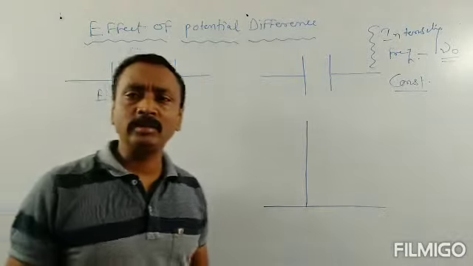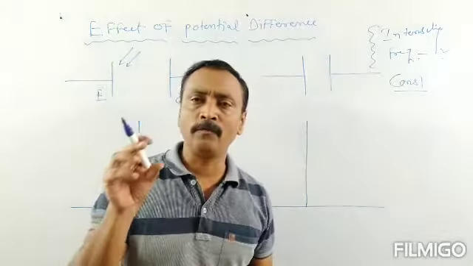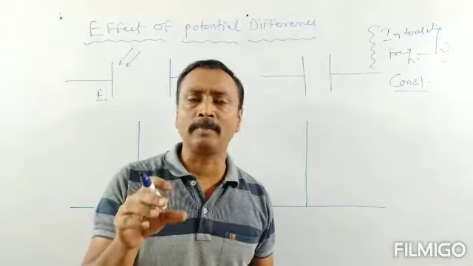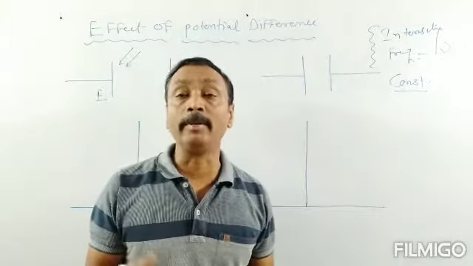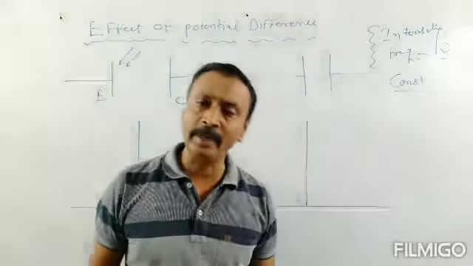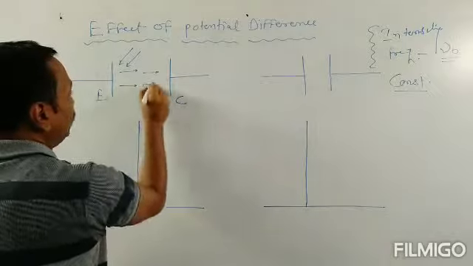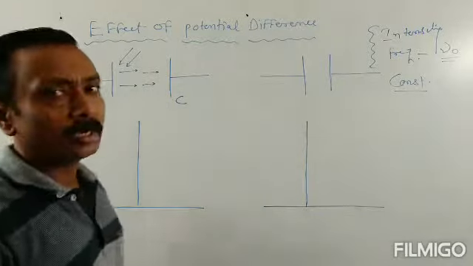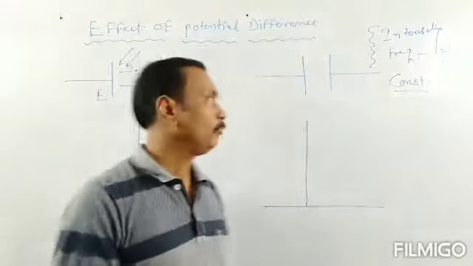It is an instantaneous procedure: whenever the photons fall on the metal, photoelectrons start being emitted. So the photoelectrons are emitted, and they are collected by the collector plate on the other side.